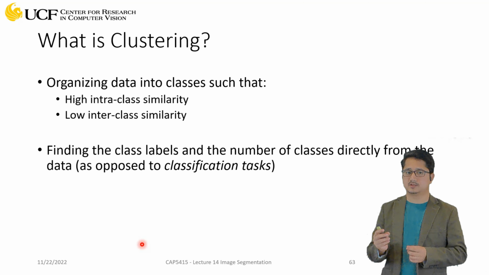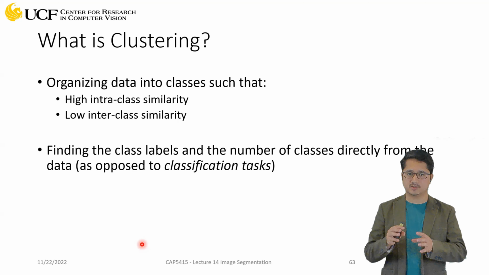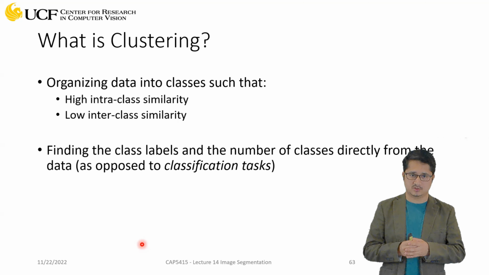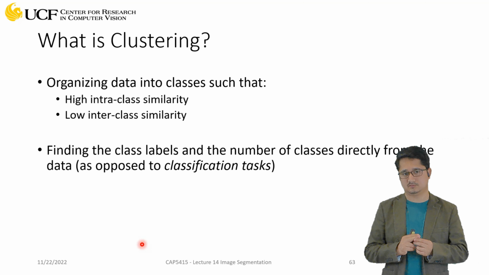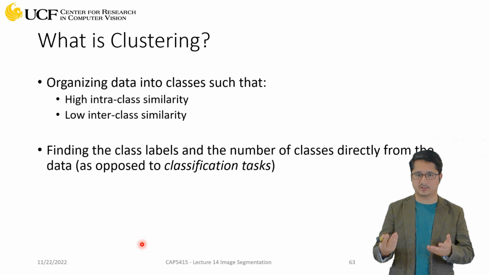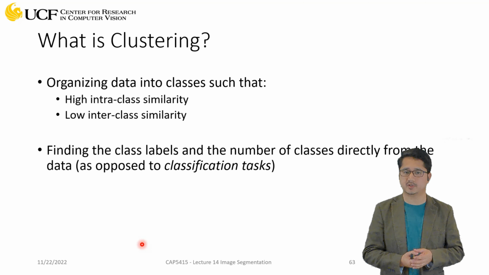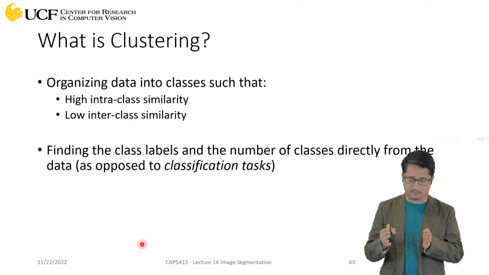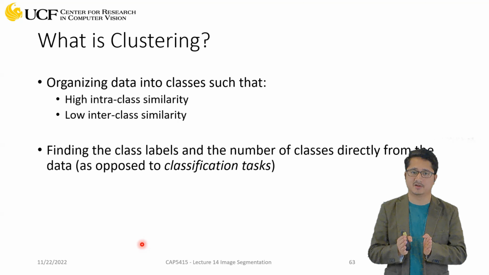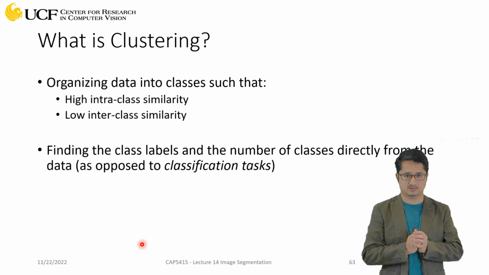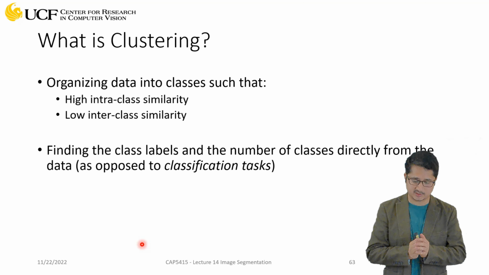Now, when you organize those data points into clusters, you have two different objectives. These two objectives could be your loss terms, which you try to minimize when you perform clustering. The first objective is you want very high intra-class similarity. What do we mean by intra-class similarity?